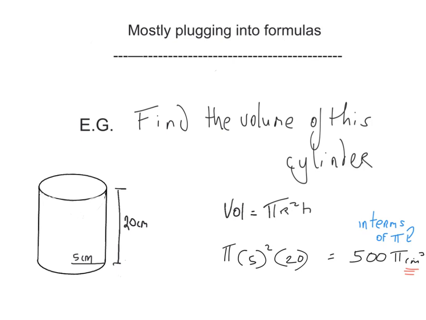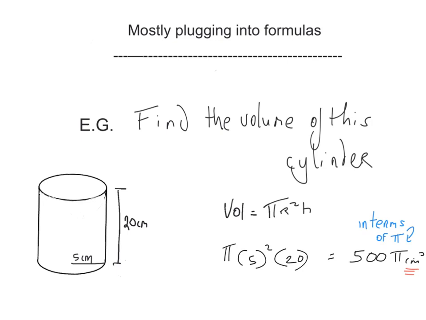If you write the correct formula out and put in the correct amounts into the variables, and you just do this part alone, you've already got an honor in that question basically.